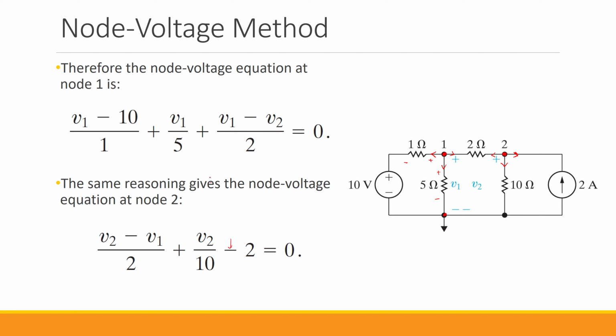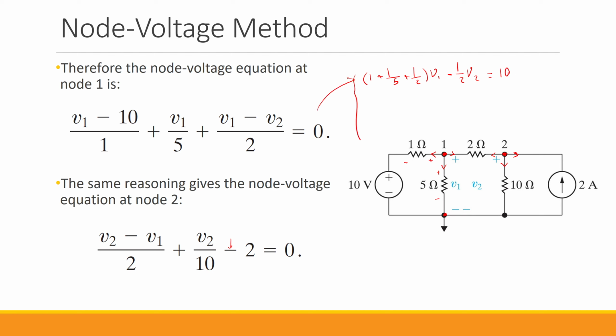So now we have these two equations. What is left for us is to basically solve it. So I can rewrite these equations in a much nicer form. I can write it as 1 plus 1/5 plus 1 over 2 V1 minus 1 over 2 V2 equals 10.